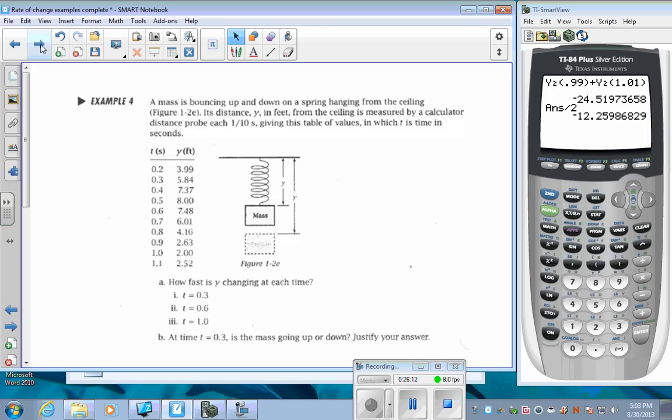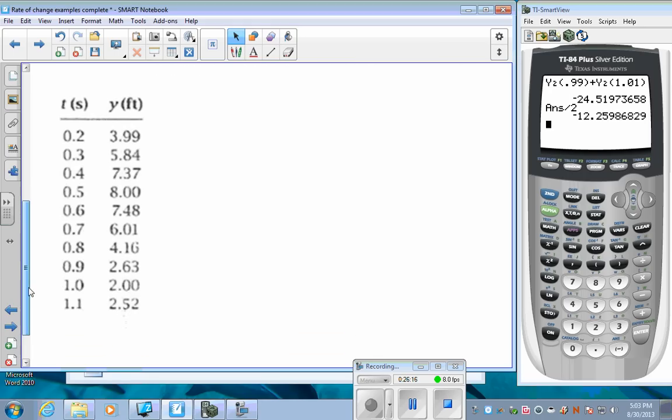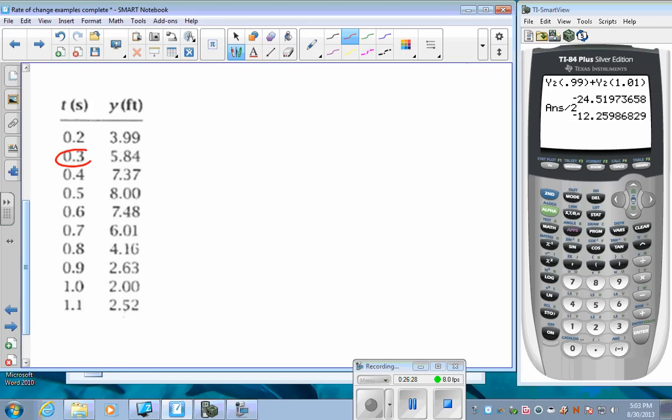So what I'm going to do is I have the table down here. The first x value we want to look at is that t value is at 0.3. Because I'm looking at this value, which is sort of in the middle between 0.2 and 0.4, I'm going to find the average rate of change between 0.2 and 0.3.